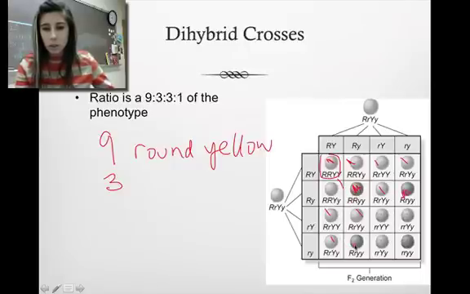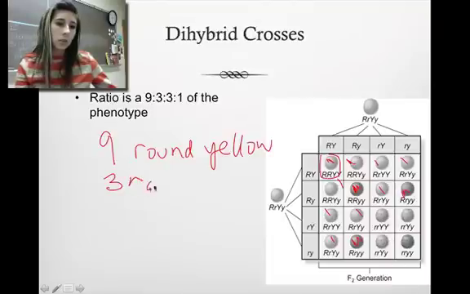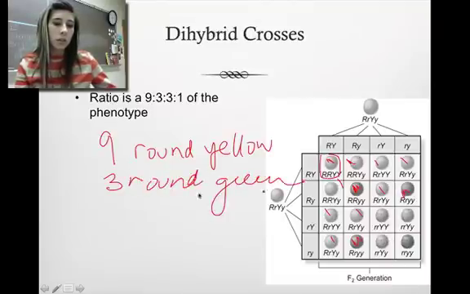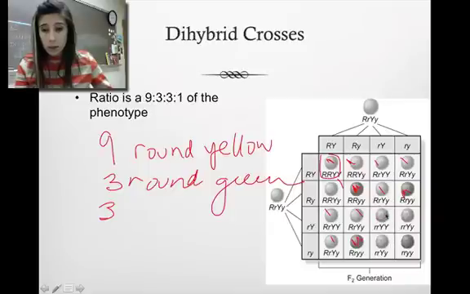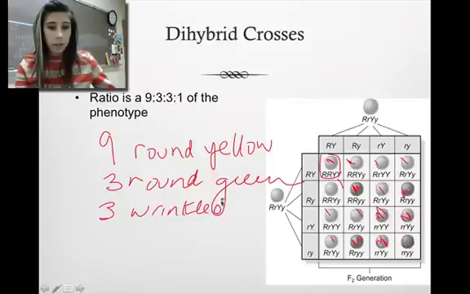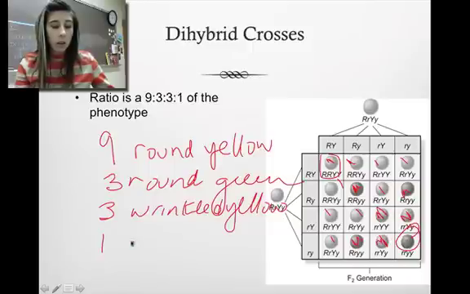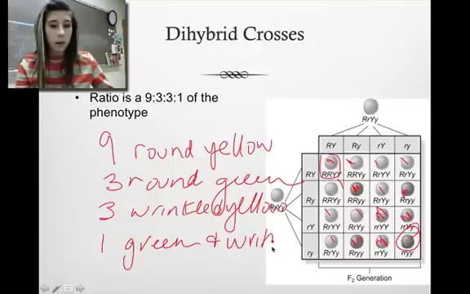That's round and green, round and green. You're going to have 3 that are going to be wrinkled and yellow, wrinkled and yellow, wrinkled and yellow, and 1 down here that is going to be green and wrinkled. Sorry, I wrote that backwards.